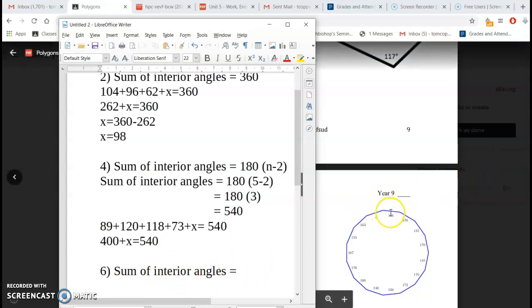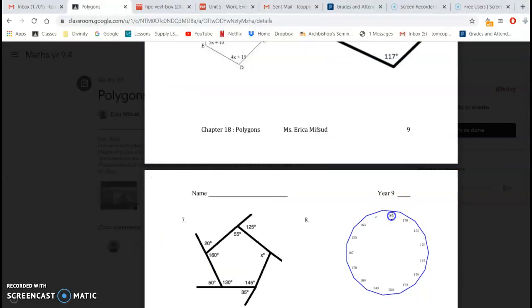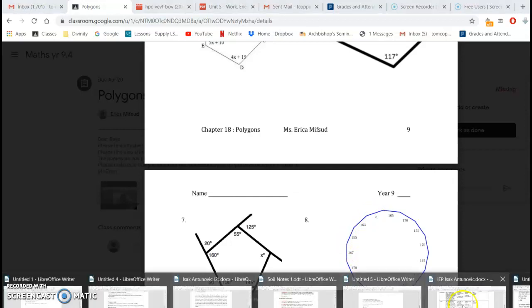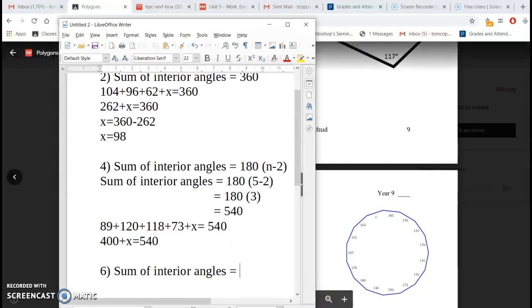Now there are way more than 4 sides. So let's count the sides together, starting at 165 up here. So we'll have 1, 2, 3, 4, 5, 6, 7, 8, 9, 10, 11, 12, 13, 14, 15 sides. Okay, that's a lot of sides.